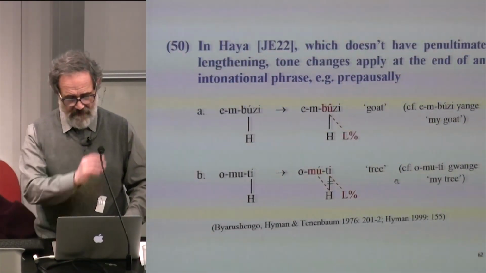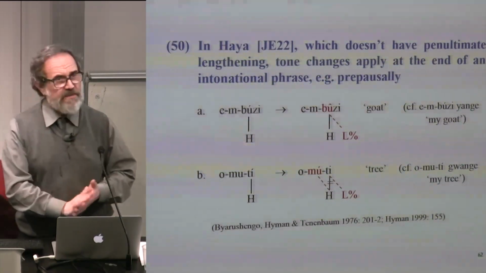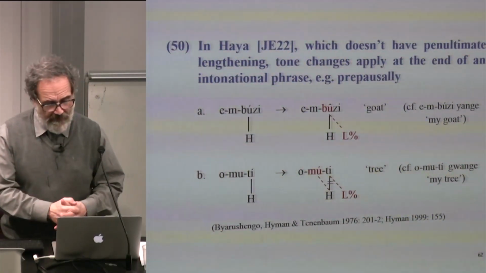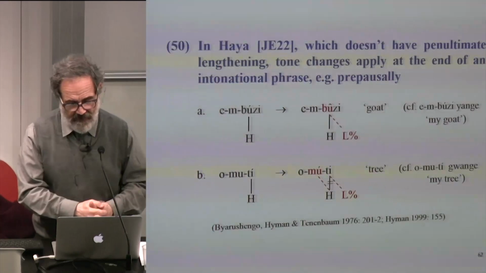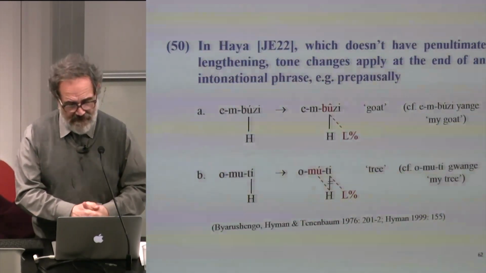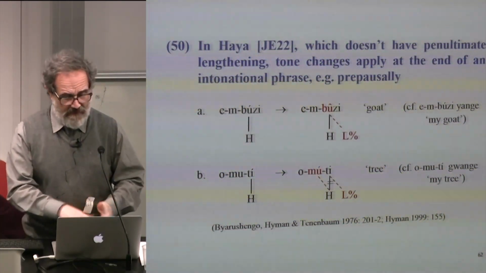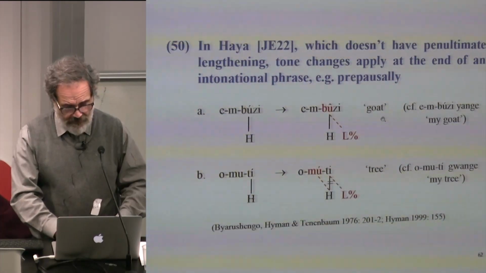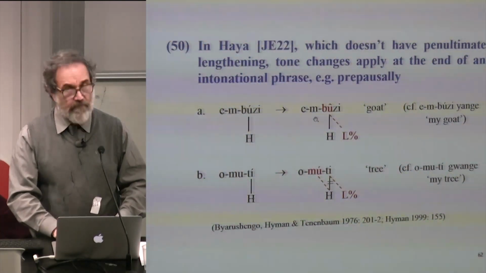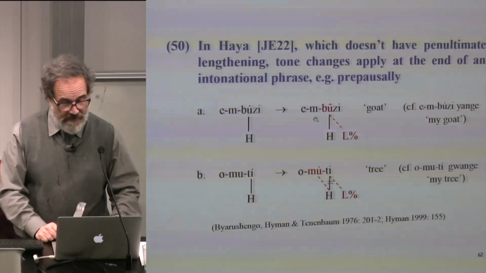So Haya is another language from Tanzania, which doesn't have penultimate lengthening, but tone changes apply at the end of the intonational phrase, for example, prepausally. So here are two words. Underlyingly, the word for goat has a high tone on the first syllable of its root, mbuzi.